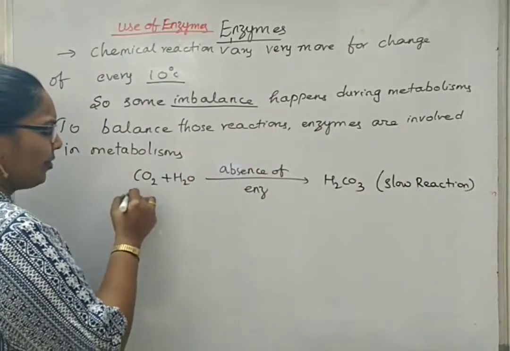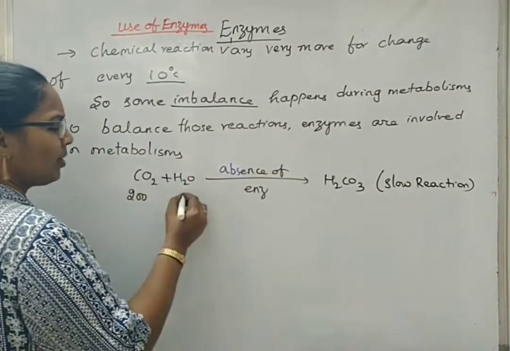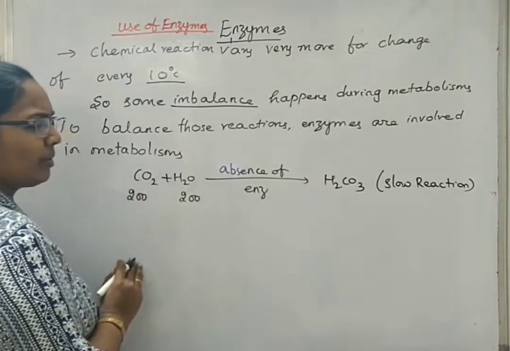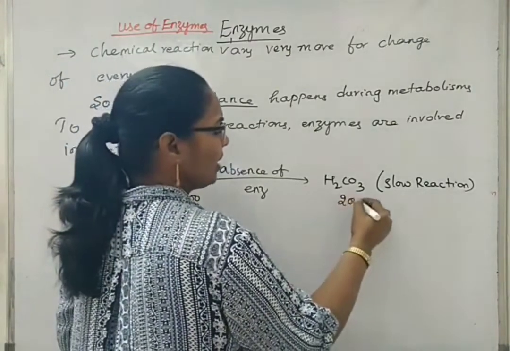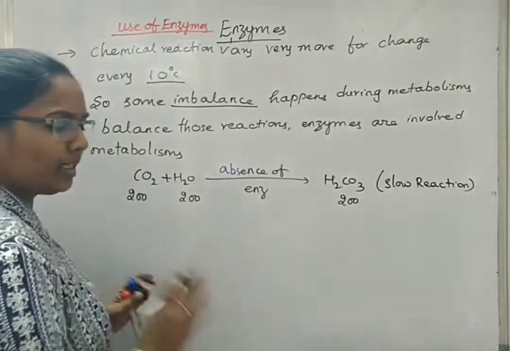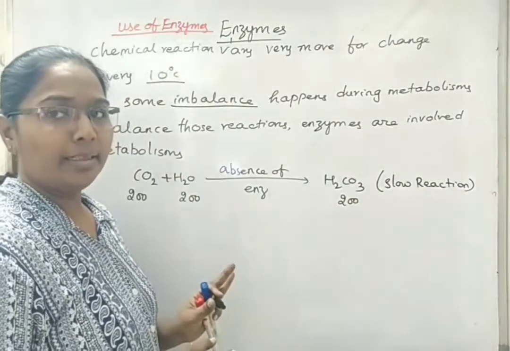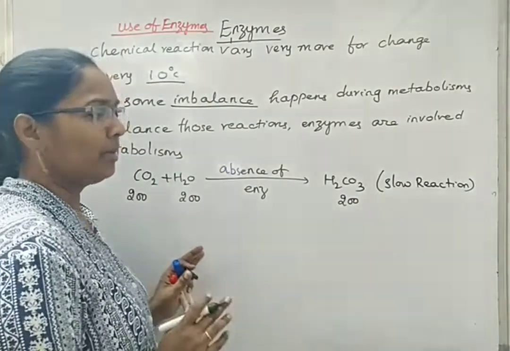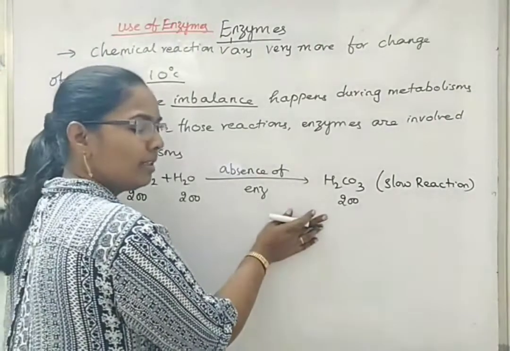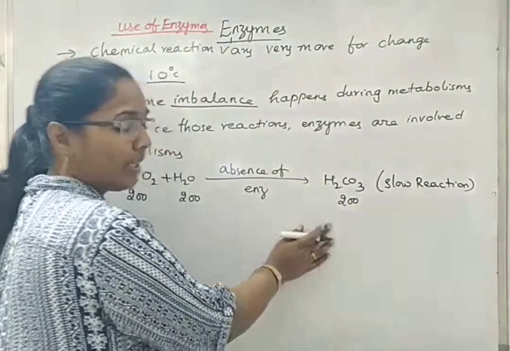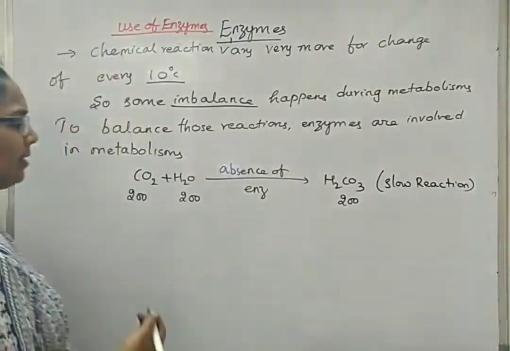Here, if we apply 200 CO2 molecules and 200 water molecules, we get 200 carbonic acid molecules. It is okay. But when we put some time limit, it happens very slowly and takes more time than the limited time period.